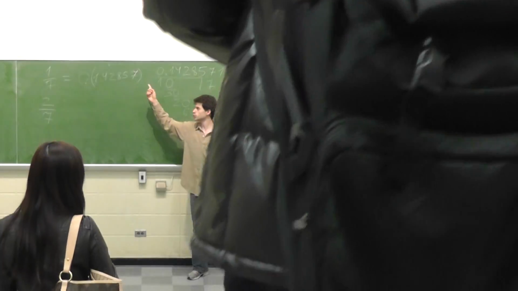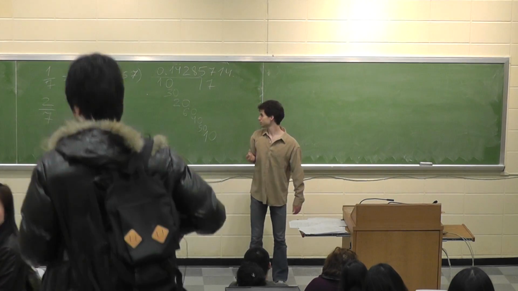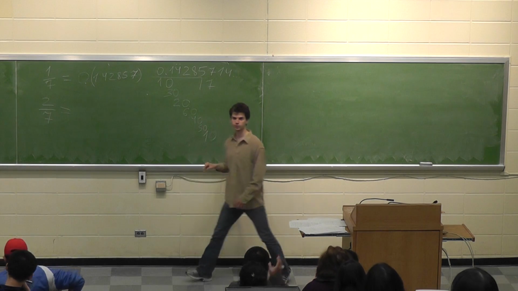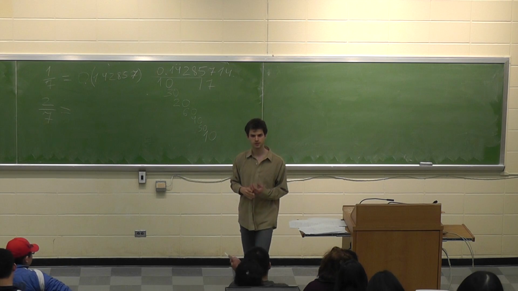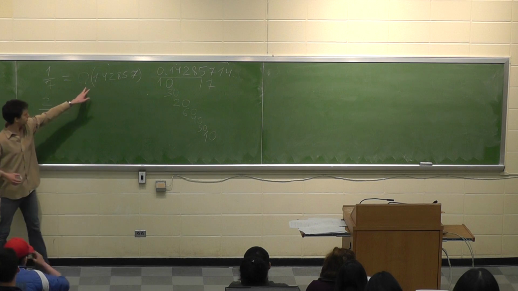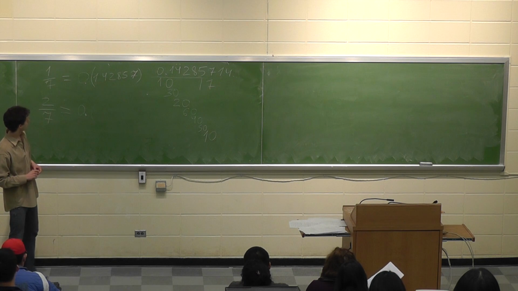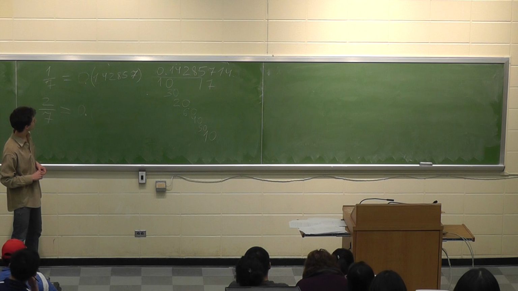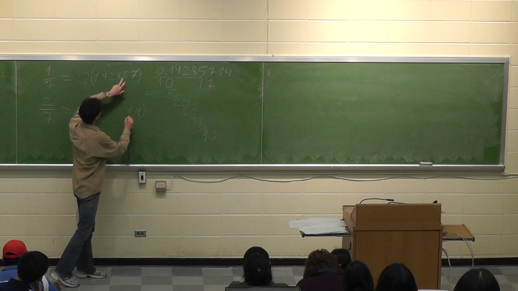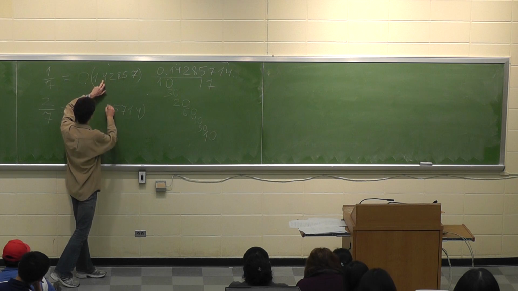First thing to notice, there is some period to this expansion. Another thing, let's compute 2 over 7. One of the ways is to multiply this by 2, and let's see what we're going to get. 2, 8, 5, 7, 1, 4.